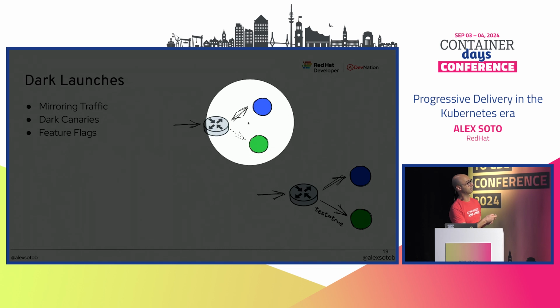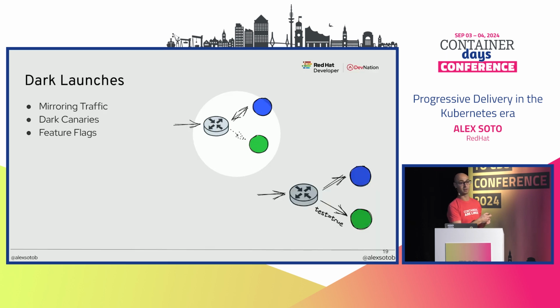arrow, the arrows, okay? This is bidirectional and this is unidirectional, which means that the first one, I'm sending the request to the old version, this is version 1, I expect the response and I send back this response. So from the point of view of the user, nothing changes. But the same request is also sent to version 2.